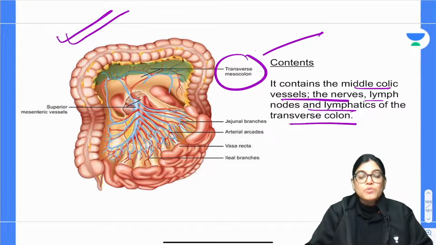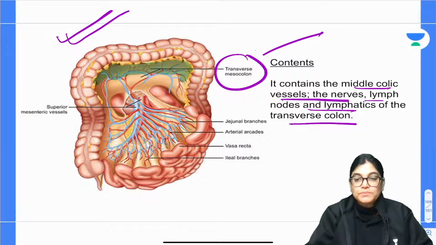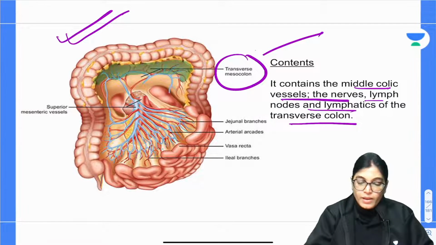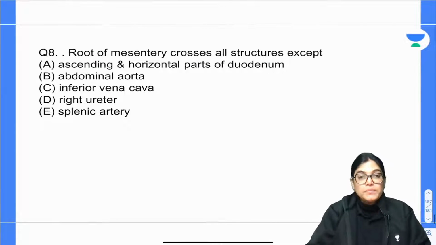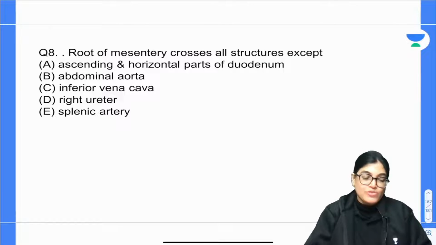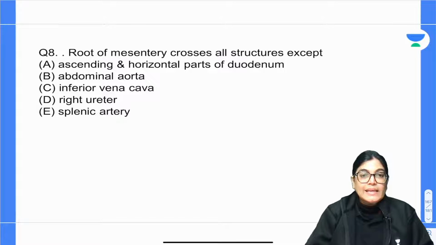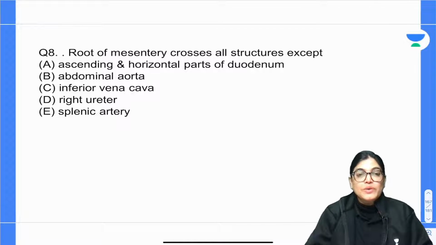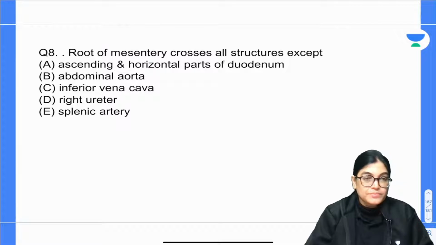Okay, let's move on to the next, question number 8. Root of mesentery crosses all structures except: ascending and horizontal part of duodenum, abdominal aorta, inferior vena cava, right ureter, or splenic artery.